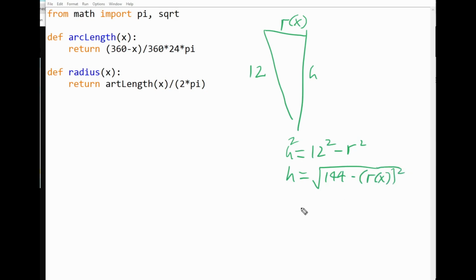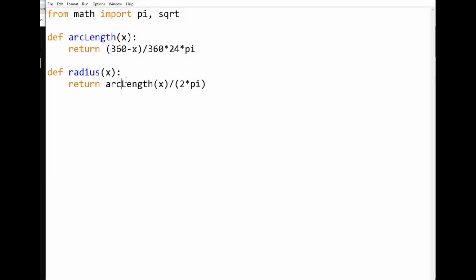We can write that function out. And then we've just got the volume, and the volume is going to be 1/3 pi r squared h. So pi over 3 times r of x squared times h of x. Of course, that's arc length. Arc length. Does art have a length? All right.